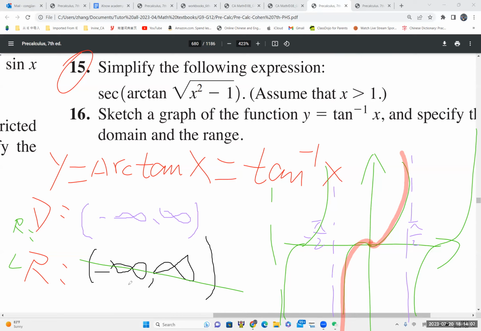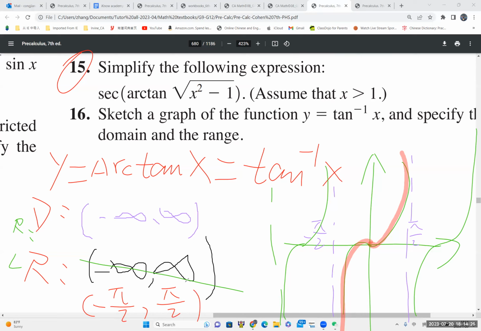Its range is the domain of the tangent, but just this interval, that means negative pi over 2 to pi over 2, exclusive.